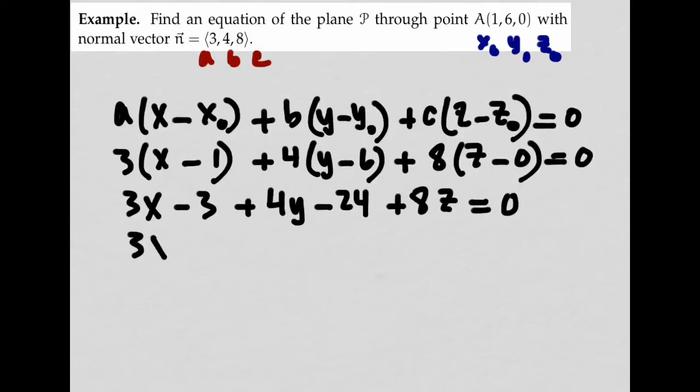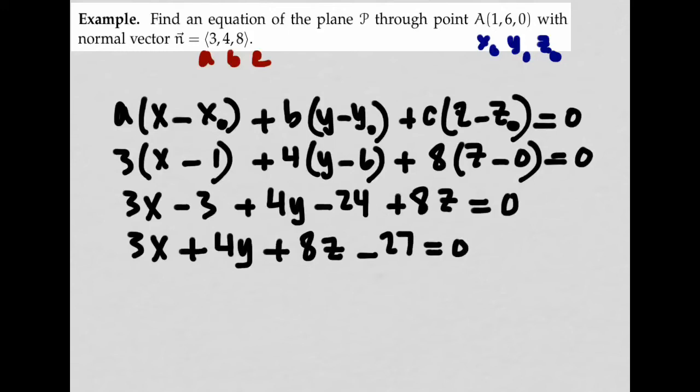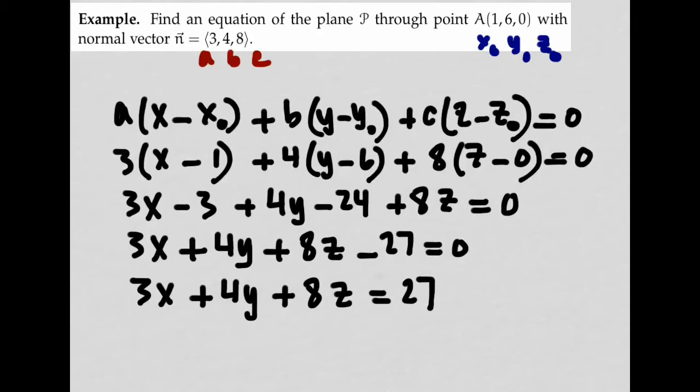That's 3x plus 4y plus 8z minus 27 equals 0. And finally, we can write it as 3x plus 4y plus 8z equals 27. That's an equation of the plane through point A with normal vector n.